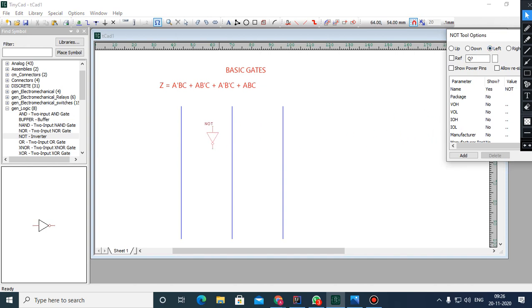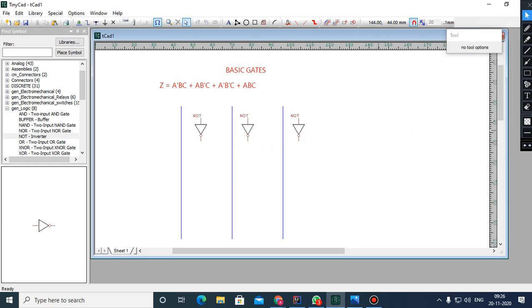And this one is the NOT gate. This one is the NOT gate. I'm just drawing the line here. I will tell you what the meaning of these lines is also.